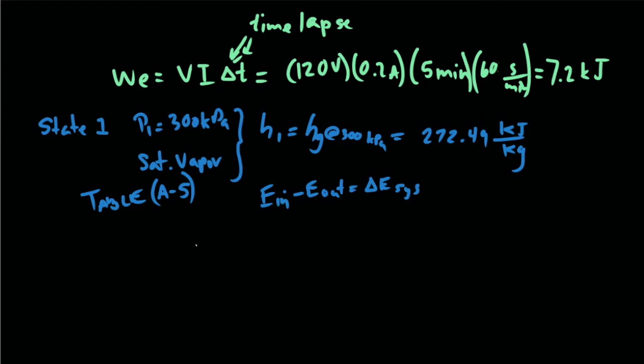We say that work electric in minus Q out is equal to, well, what is our change of energy? We had determined that if you assume kinetic and potential energies are zero, and if you combine the boundary work with the internal energy change, as in our last example, then you can say that this is just equal to delta H.